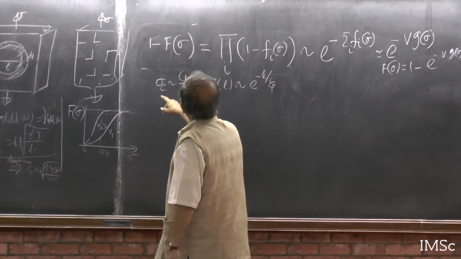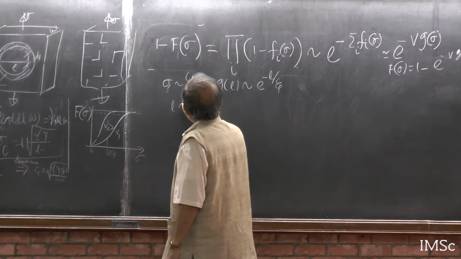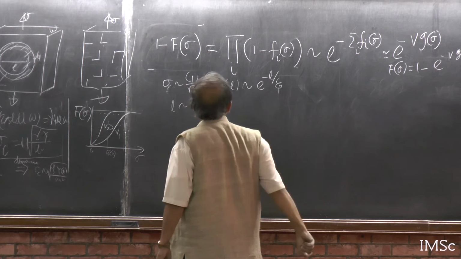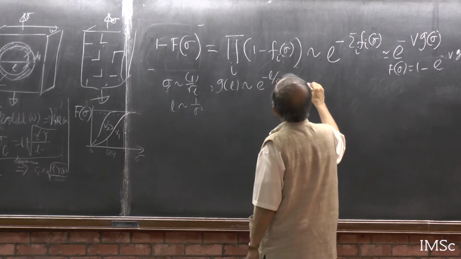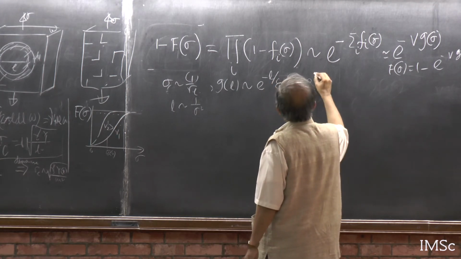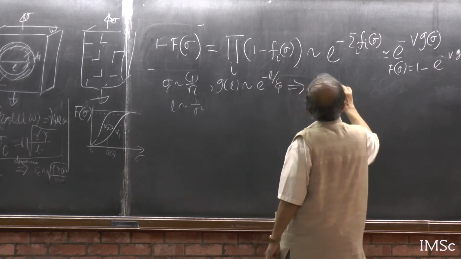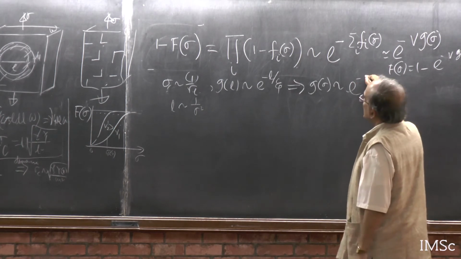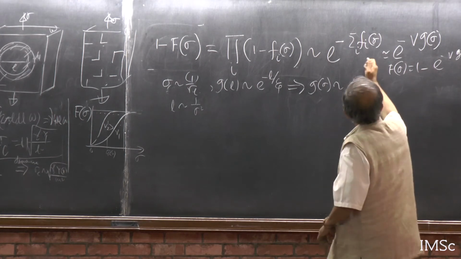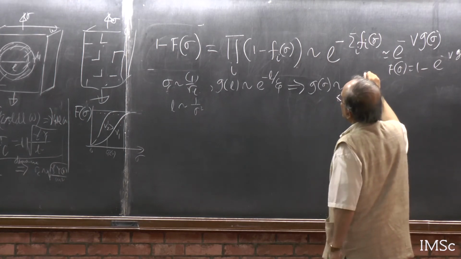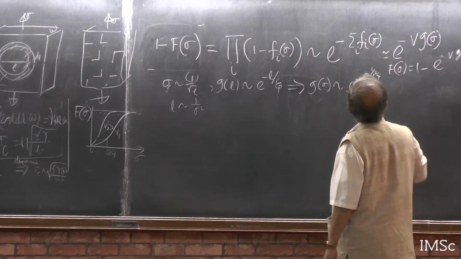So I can always put L as 1 upon sigma square. So this is GL in terms of sigma. That means G sigma is e to the power minus 1 upon sigma square into xi.